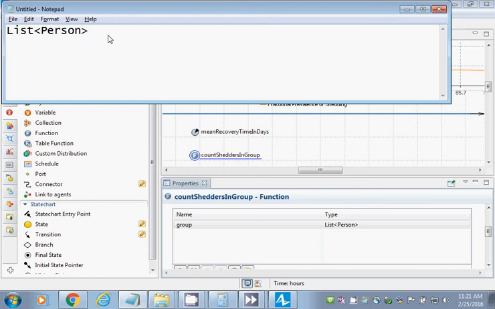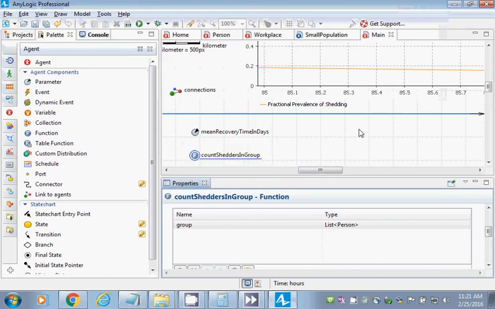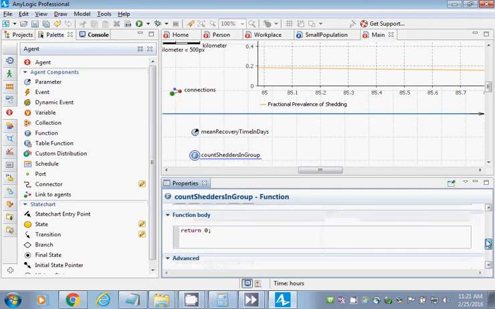Now, having gotten that list, this is what I would like to do. For person, I'm going to call each person in that group person. Sorry, I need to do one thing before this. Int running count of shedders equals 0.